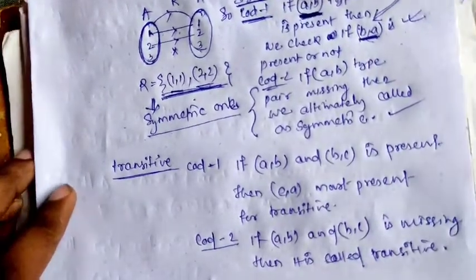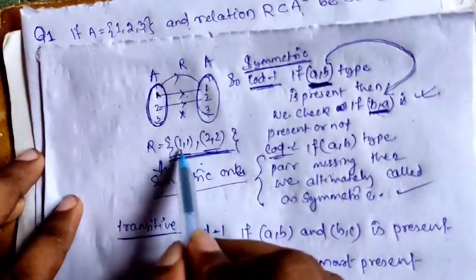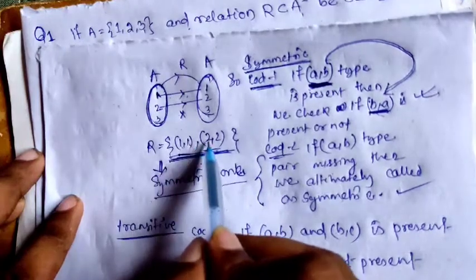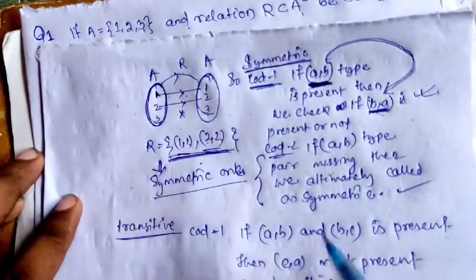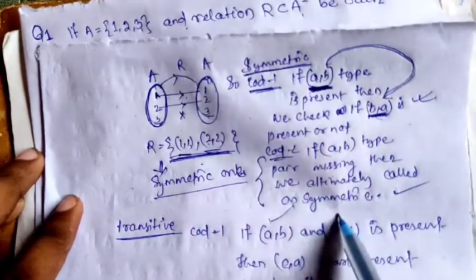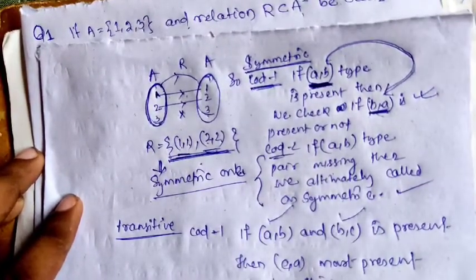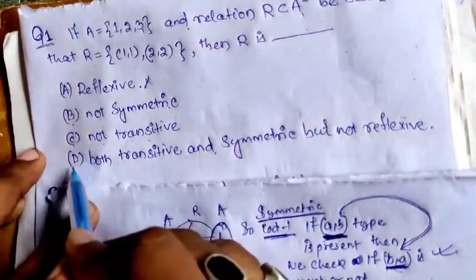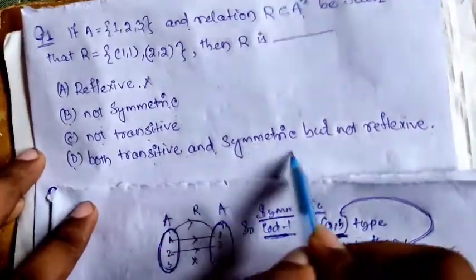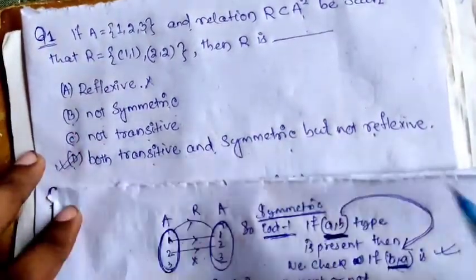Okay, so here relation R has ordered pairs (1,1) and (2,2). Here there is no AB, there is no BC, so it is a transitive one. Option D says both transitive and symmetric but not reflexive, so option D is right.